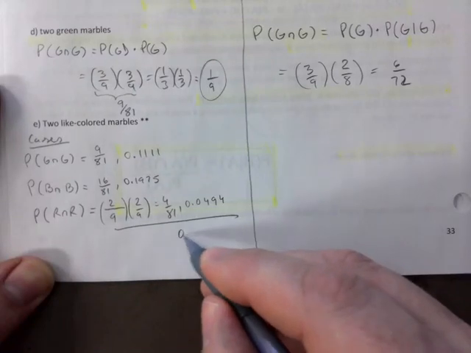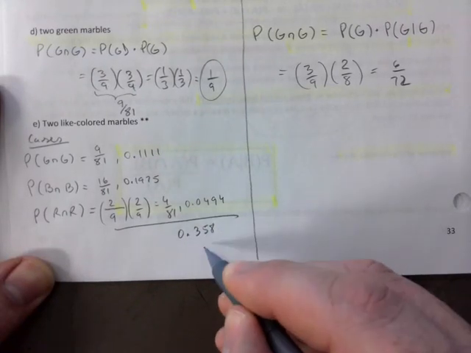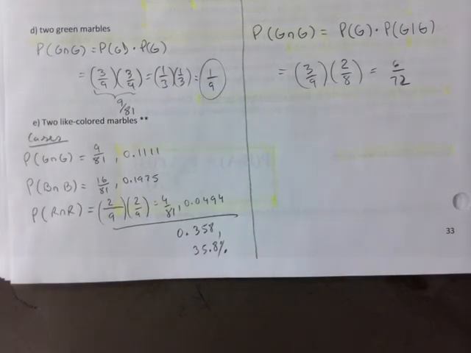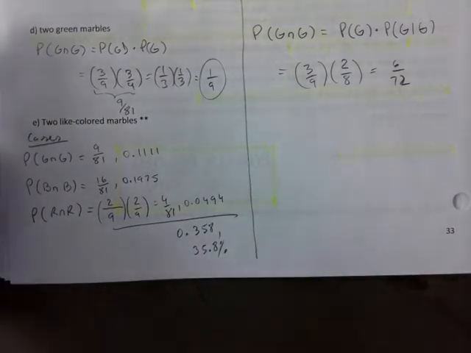That's 0.358 or 35.8% chance of getting two light-colored marbles.